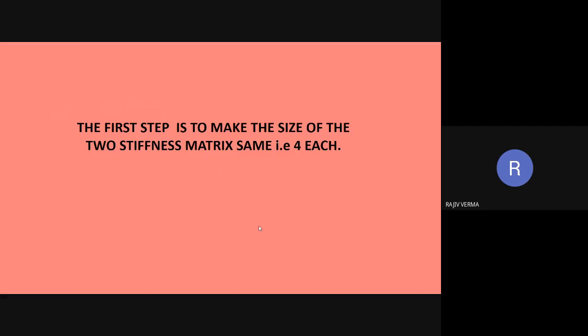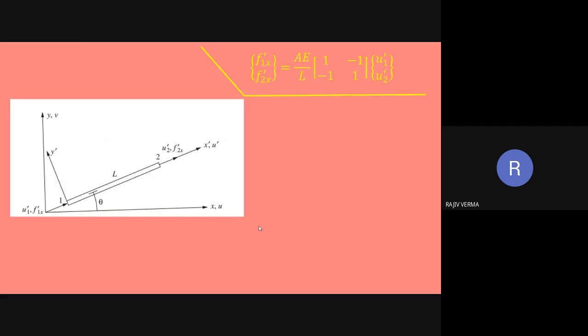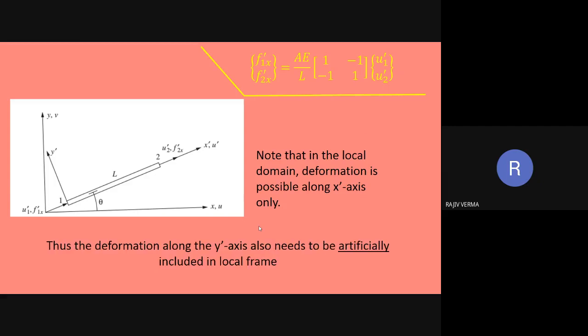We are going to modify its size from 2 to 4 by introducing some artificial terms in it. Thus, the deformation along the y-axis also needs to be artificially included in the local frame.